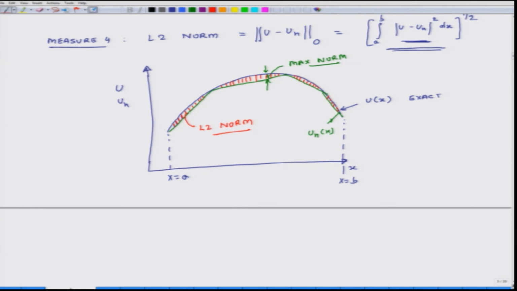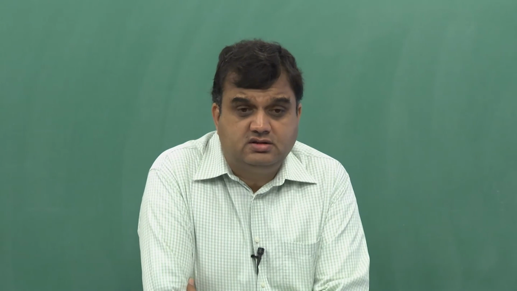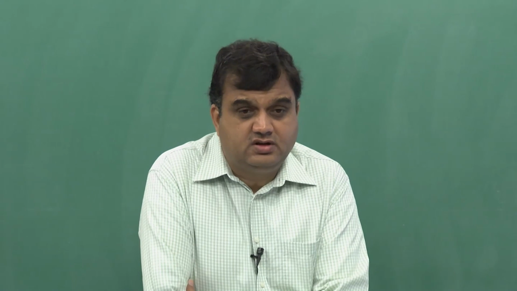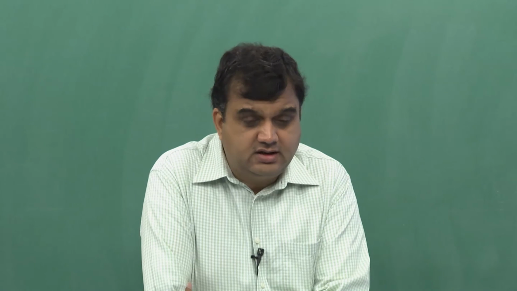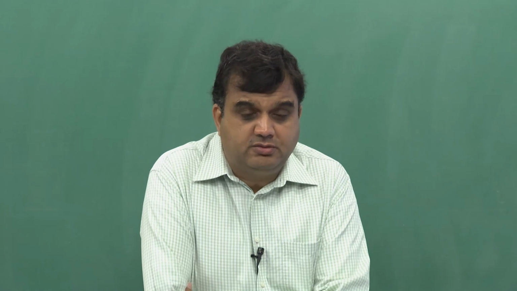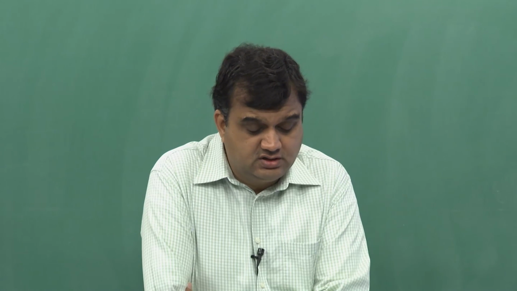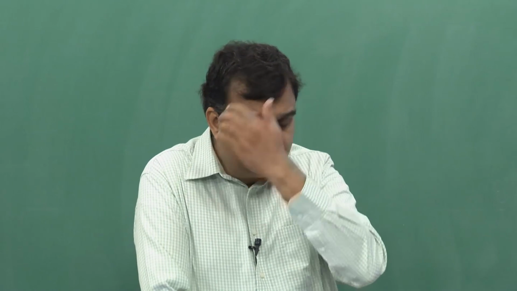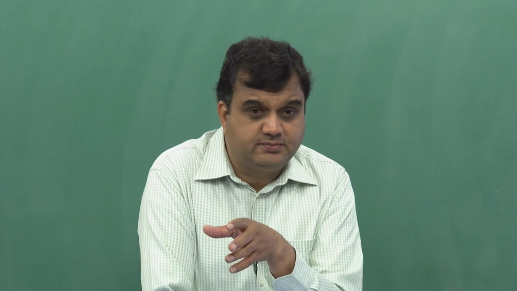Now, all these norms we have discussed are in the context of single variable 1D situations, but we can extend the same logic for multi variable problems and also multi dimensions. So, if the domain is 2D, then we do not integrate over x alone, but we integrate over x and y.